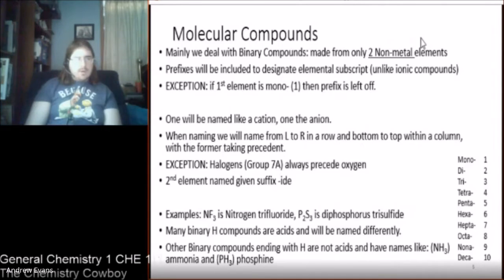The carbon is named like a cation where it has no special ending. The oxygen goes from oxygen to oxide, gives the IDE ending. Now, based on what we just talked about with the prefixes, dioxide, di means 2, so we're saying CO2.